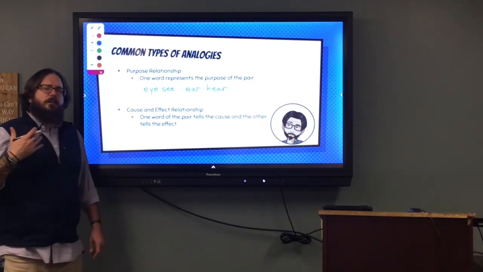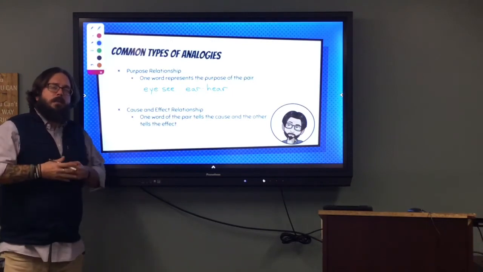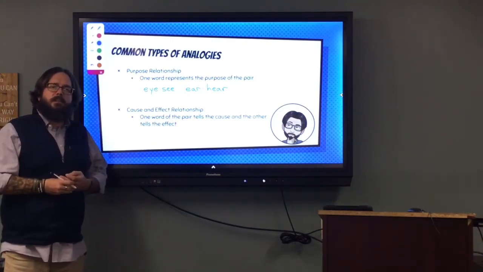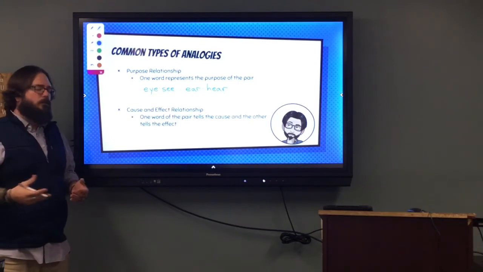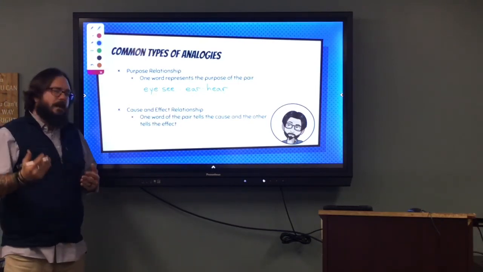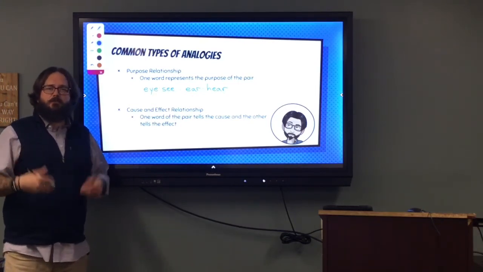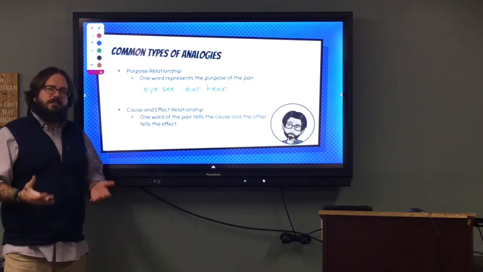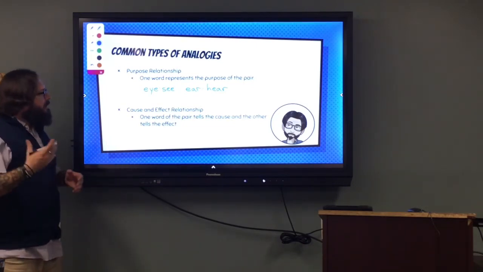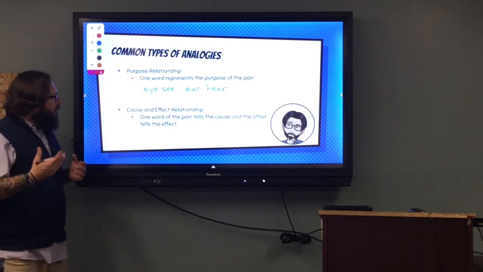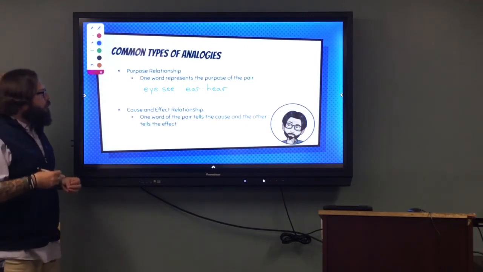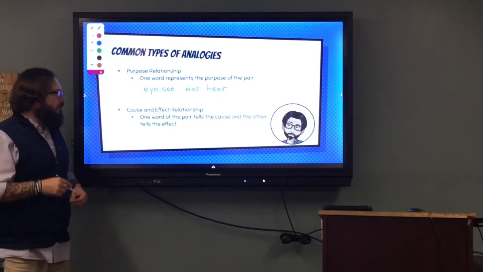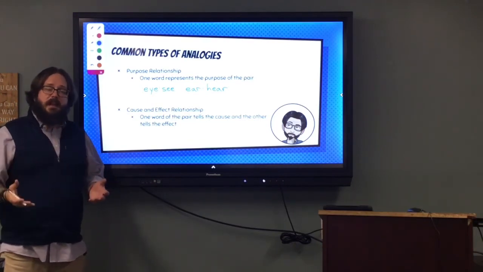The cause and effect relationship, we should already be familiar with that. We examined cause and effect relationships when we went through our module on text structures, and there's a full lesson on that. But in the case of an analogy, the cause and effect relationship occurs when one word of the pair tells the cause and the other tells the effect.